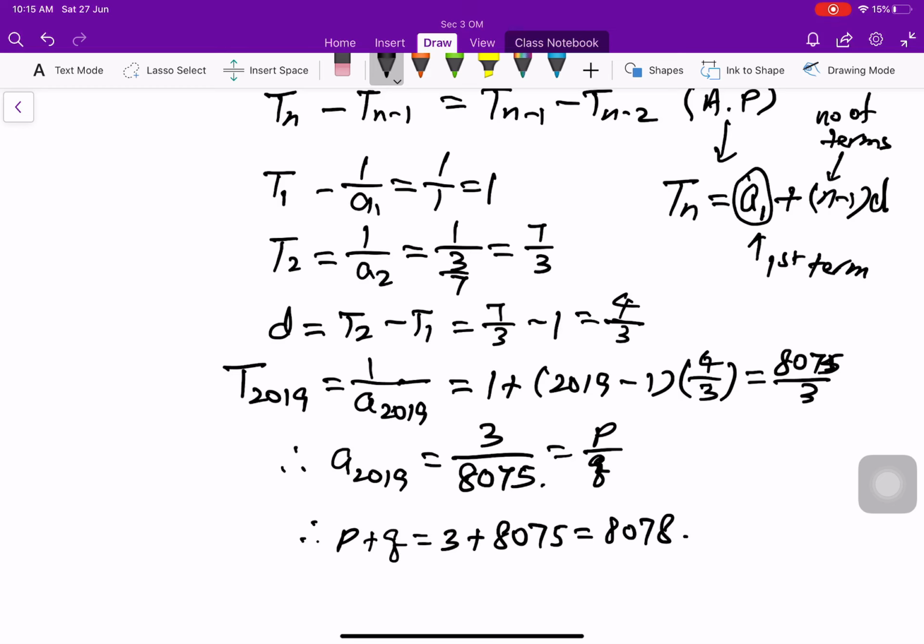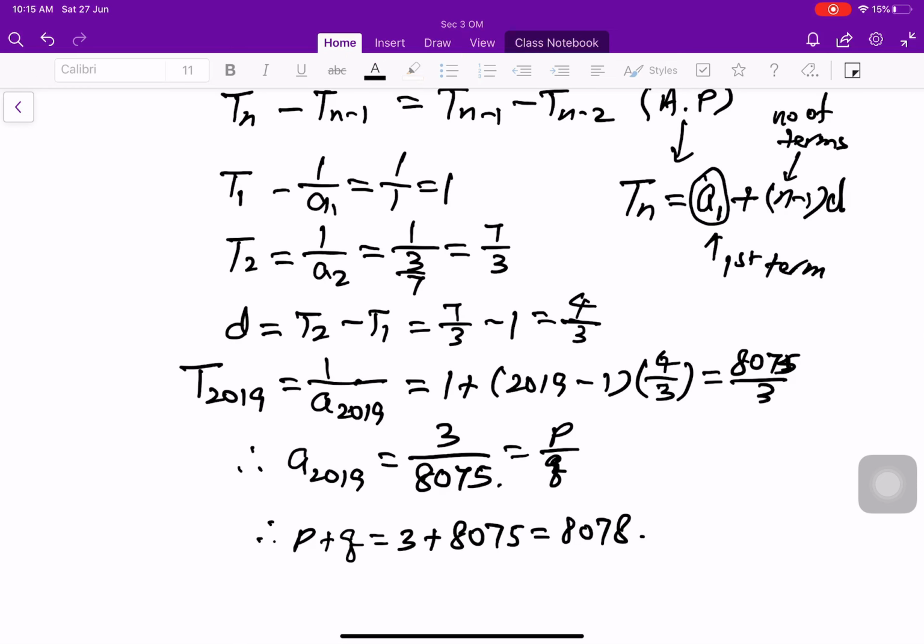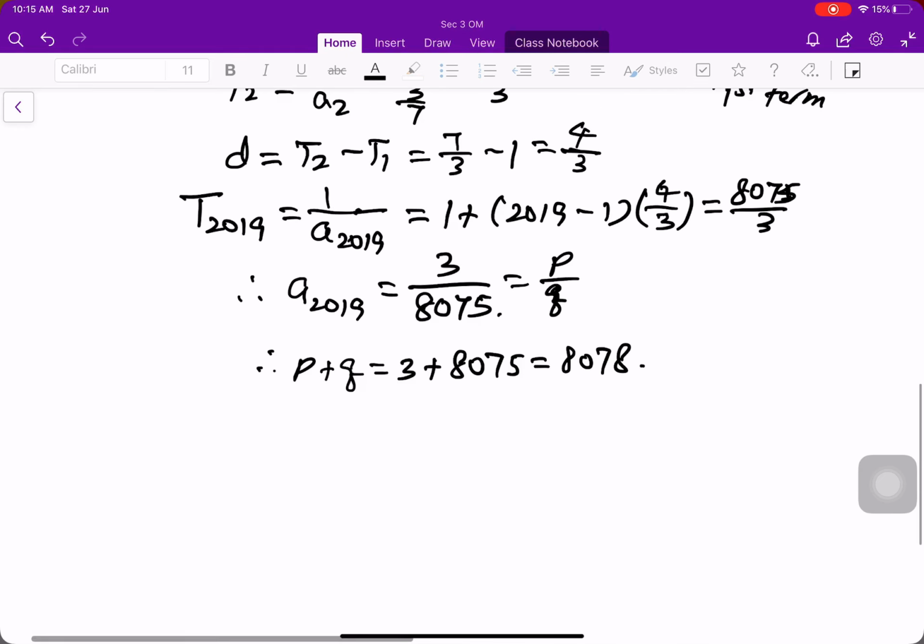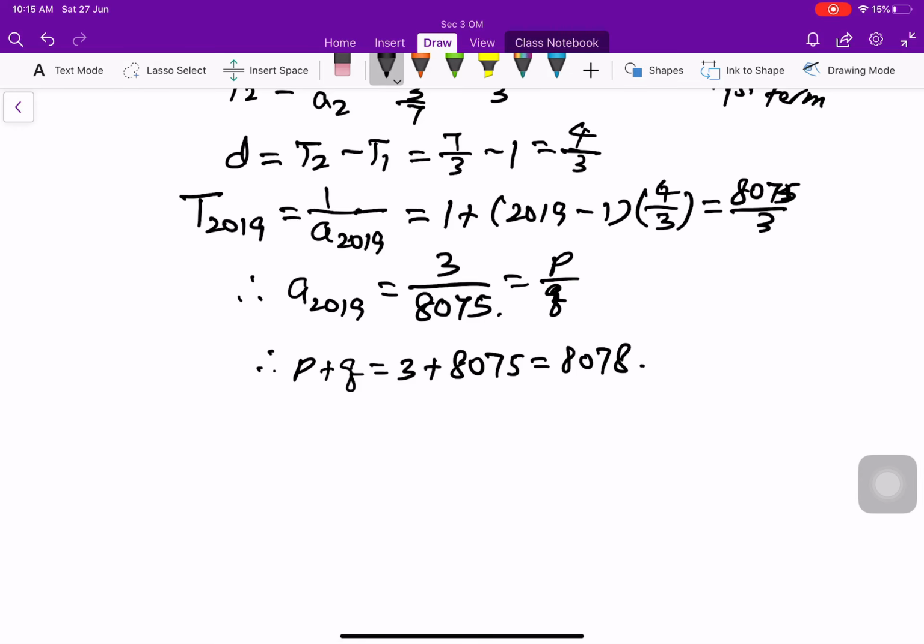Okay, let me show you the second method. It's basically purely by observation. You compute, because A1 is given to be 1 and A2 is given to be 3 over 7. Then we can calculate A3.